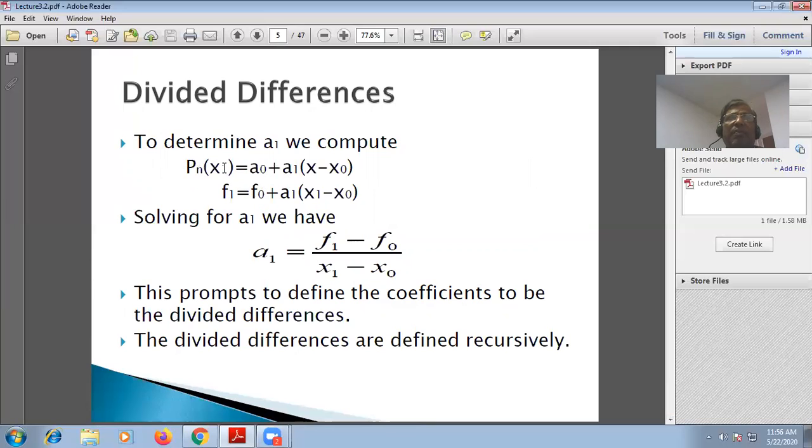So for x1 here is f1, and a0 is f0. With the help of this, you can find a1. a1 is f1 minus f0 divided by x1 minus x0. This is the divided difference. This prompts us to define the coefficients to be the divided differences. The divided differences are defined recursively.